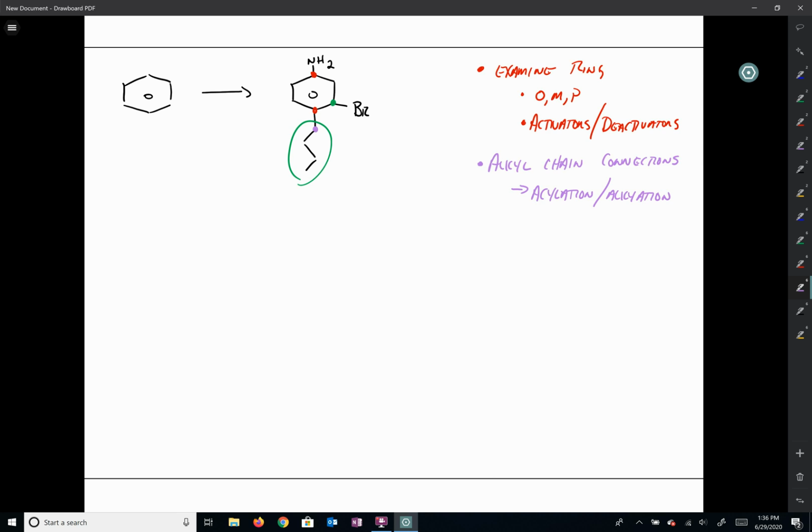Cool. The next thing to do is recognize when we have an amine. Amines can be added two ways. The amines can be added either through electrophilic aromatic substitution of a nitro with a reduction to an amine, or they can be added through nucleophilic aromatic substitution, typically through some kind of benzyne mechanism. Now, truth be told, it's far easier to go through the nitro than through the benzyne derivative.